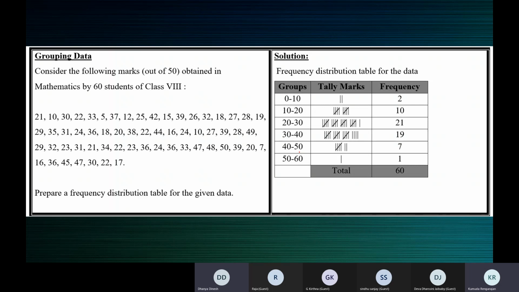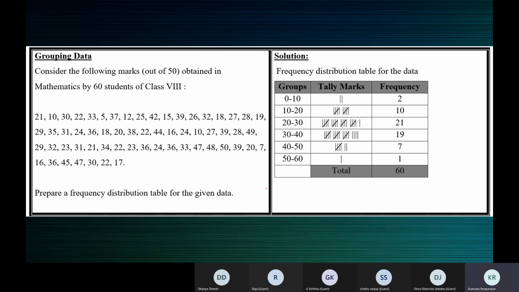Okay, which is the highest value? 50, ma'am. The highest value is 50? Yes, ma'am. Yeah, looks like 50 is the highest value. Okay. So 5 is the smallest value and 50 is the highest value.